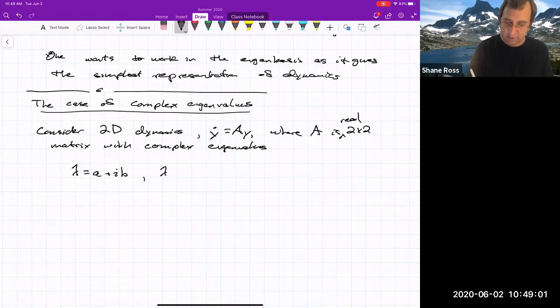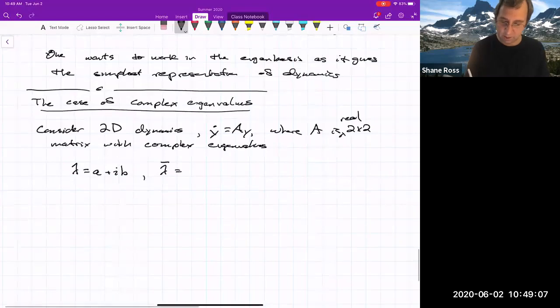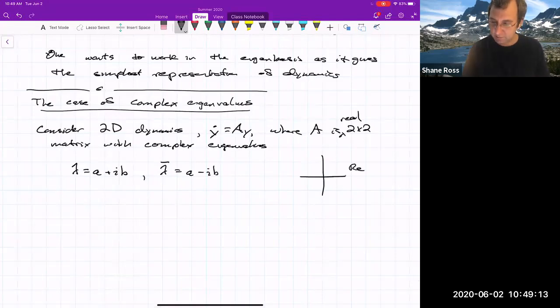And it also has the eigenvalue lambda conjugate, or lambda bar, which is a minus i b. So here is the real and imaginary complex plane. So we've got lambda, and then we've got its reflection across the real axis.